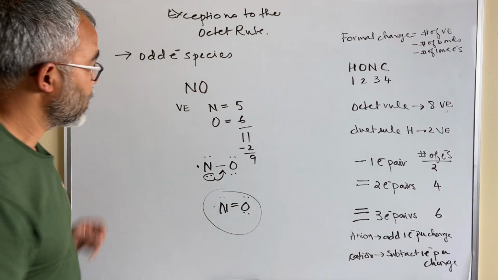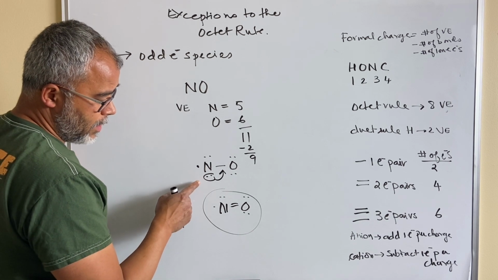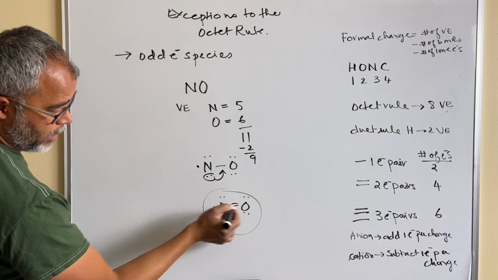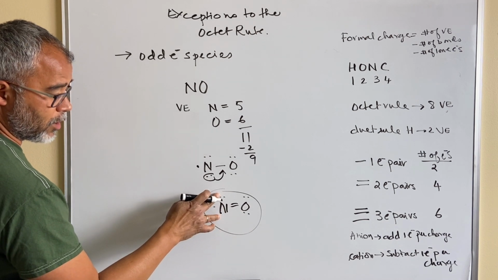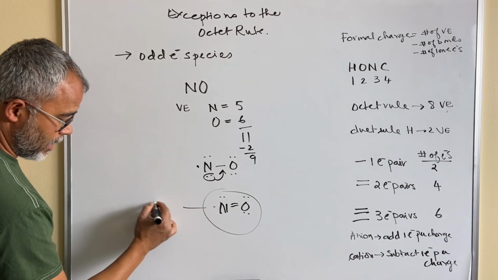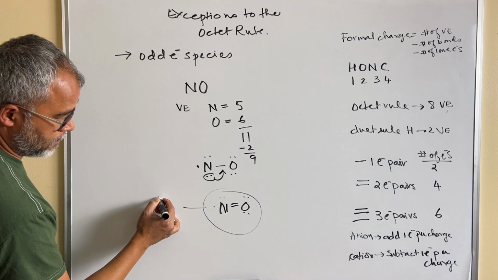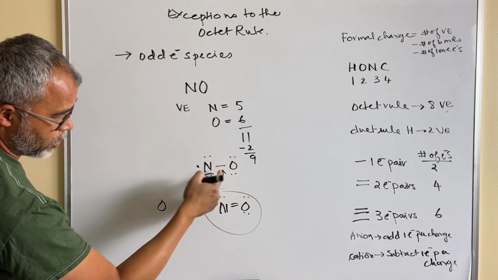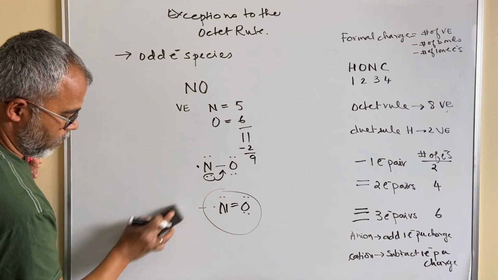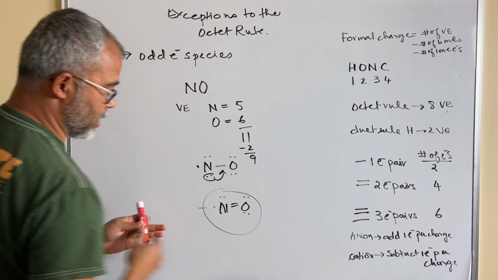Now here's an interesting situation. As you can see, there are 2 scenarios that can result from this final structure. You could also choose to put 2 electrons on the nitrogen and then have 1 on the oxygen. If you did that, instead of this going here, you push it, and I'll do it in red so you can understand what's happening.